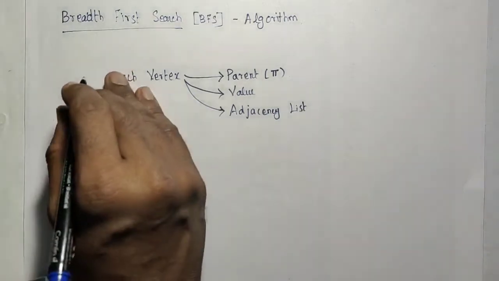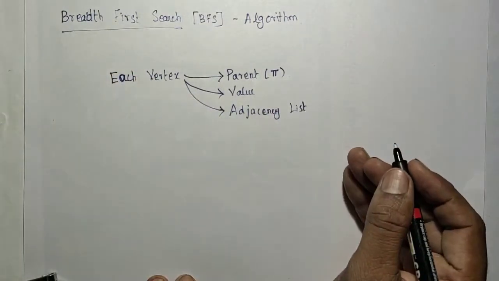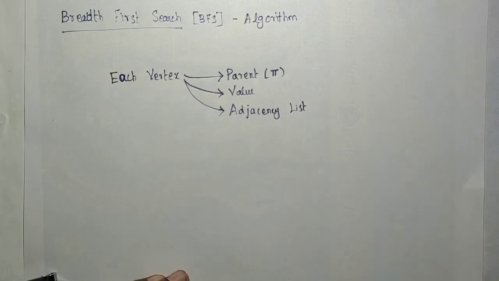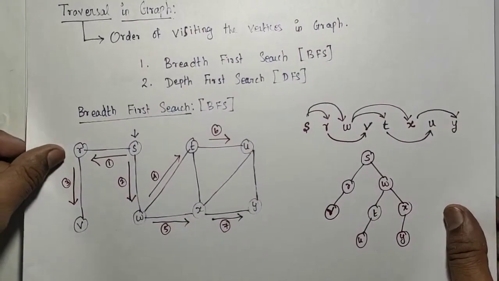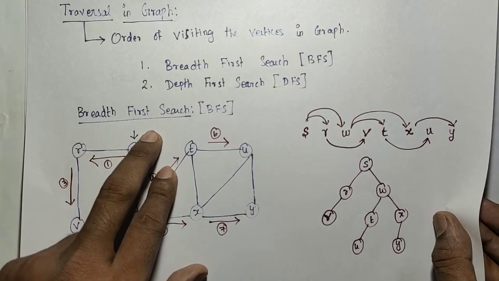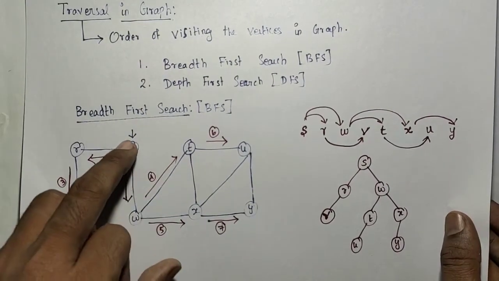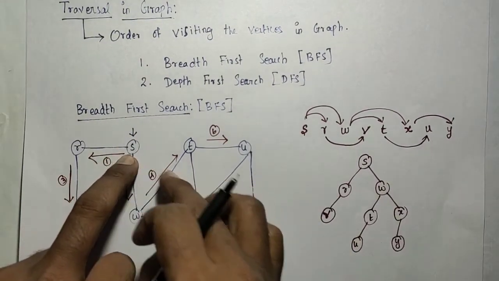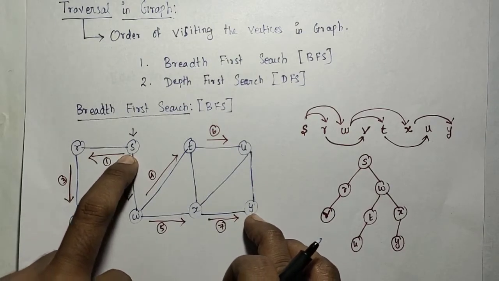Another advantage of the breadth first search is we can also find the shortest distance from the starting node to all other nodes. That is one benefit of doing the breadth first search. If I start with S and want to reach Y, what is the shortest distance?